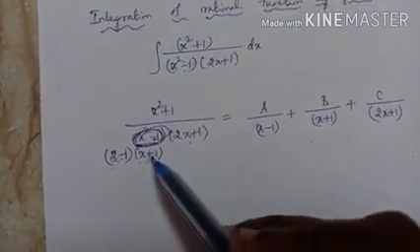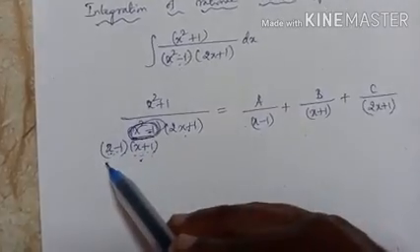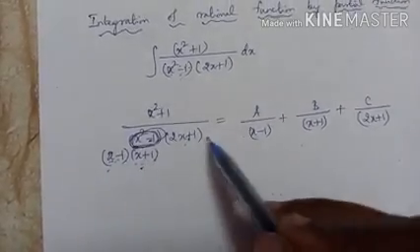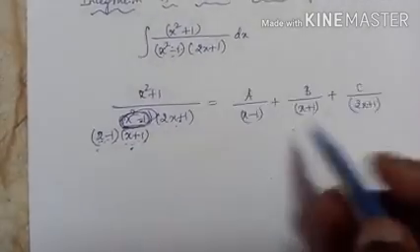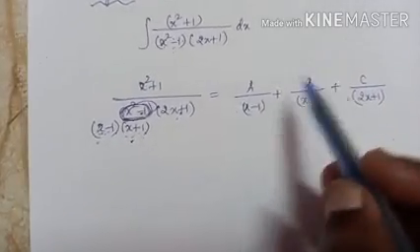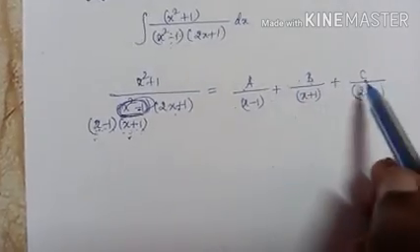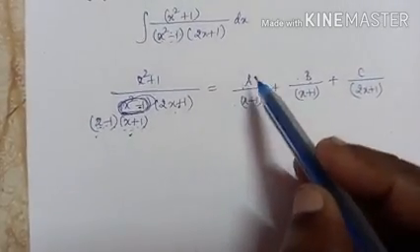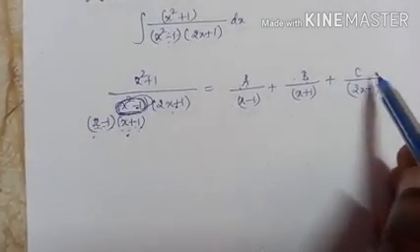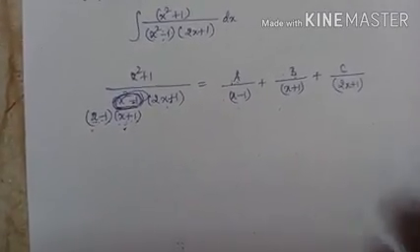If you want, you can write a by 2x plus 1, b by x plus 1, c by x minus 1. All will give the same answer finally. So the unknowns are going to be different. Here it is c, here it is b, here it is a. So values we will substitute accordingly, right? All will be with the same answer.